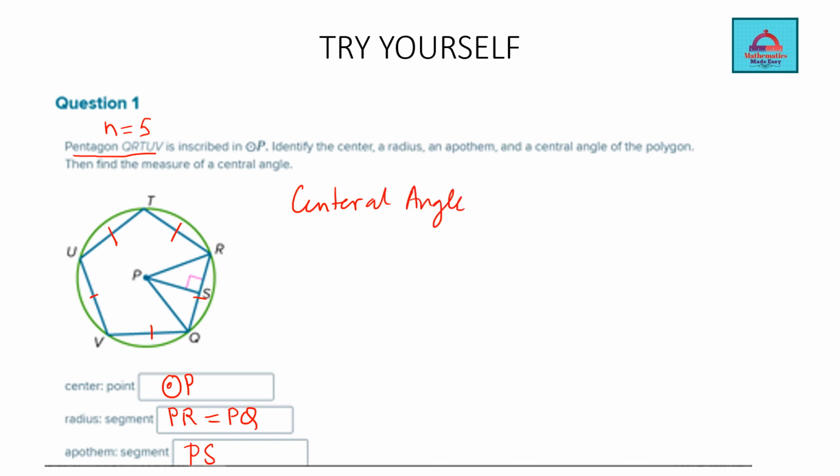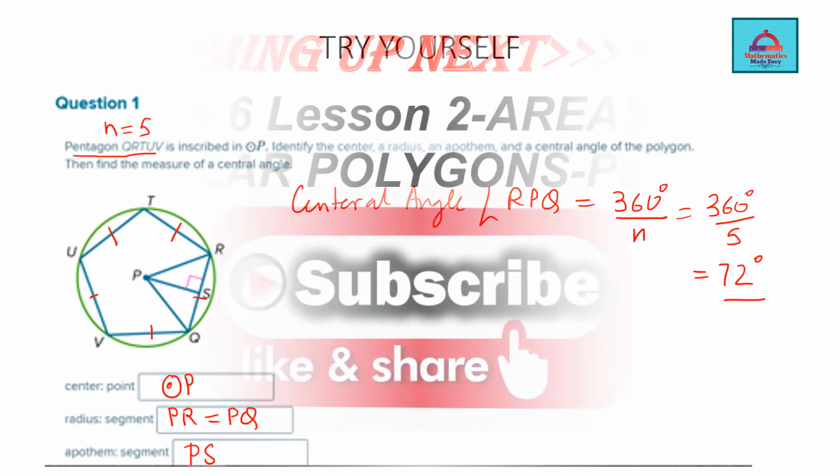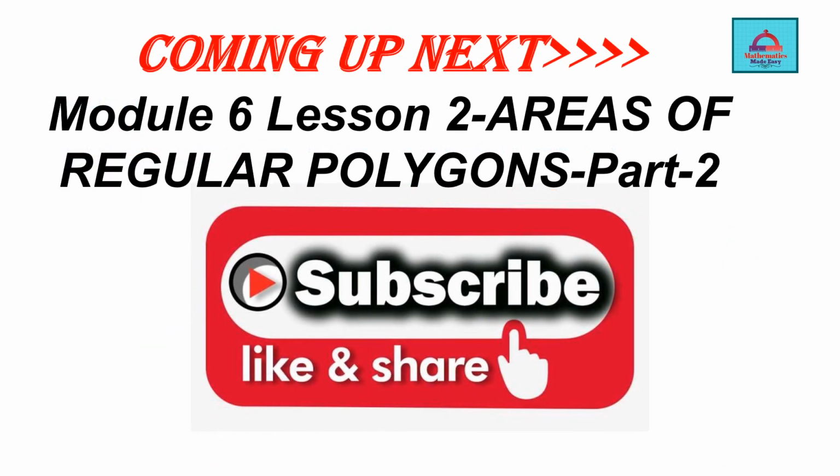The central angle would be RPQ, and its measure would be 360 degrees over n. Now it's a pentagon, so n is 5, and when you divide 360 degrees by 5, it comes out to be 72 degrees. So the central angle of a regular pentagon is 72 degrees. That completes the question.